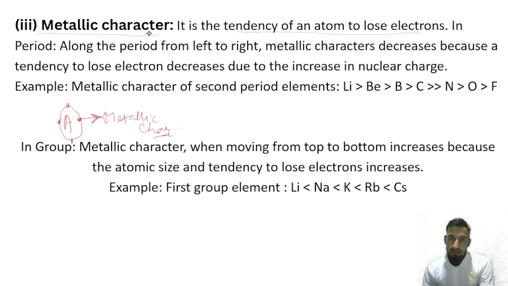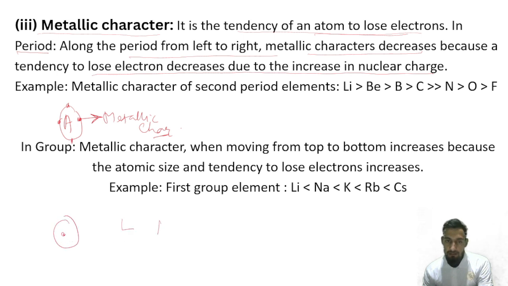So metallic character is the tendency of atom to lose an electron. In the period, जब हम period के along चलते जाते हैं from left to right, metallic character decreases. क्यों? Because the tendency to lose electron decreases due to increase in the nuclear charge. साइज में भी हमने ये ट्रेंड देखा कि left से right जाते हैं तो साइज डिक्रीज हो जाता है.